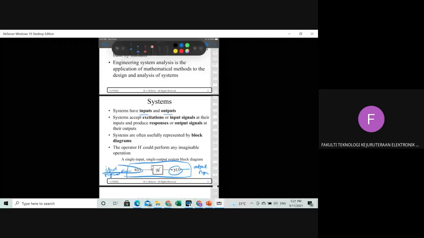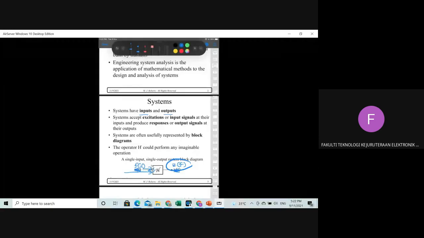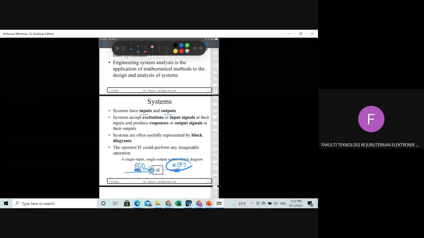You can also have other names, like f(t) or z(t), which should be okay, as long as the one that goes into the system is the input and the one that comes out of the system is the output. Anything that goes into the system is input, anything that comes out is output signal. This is the simple block diagram.